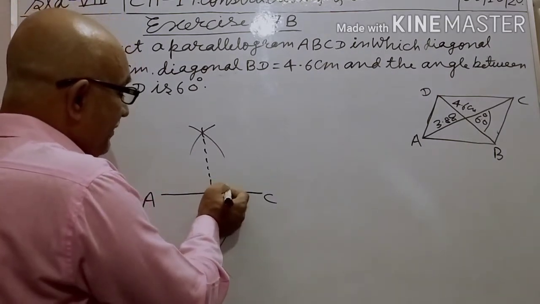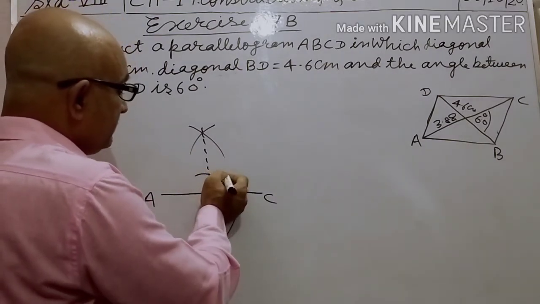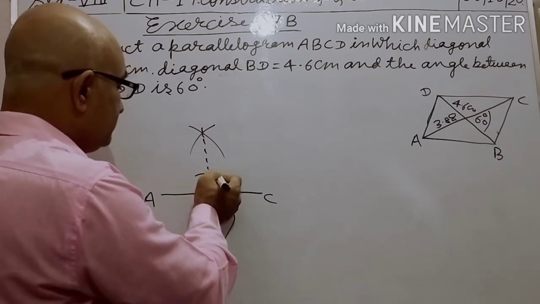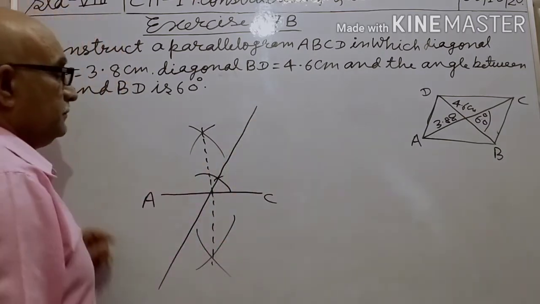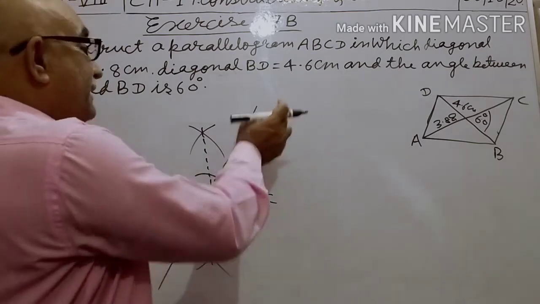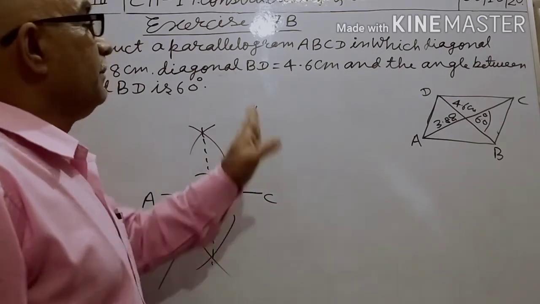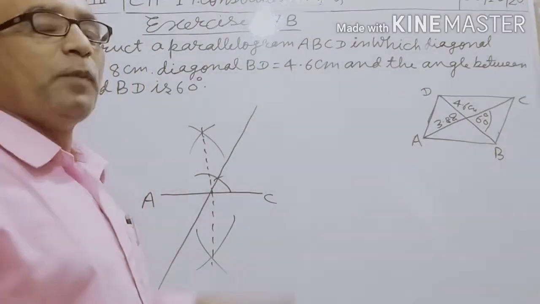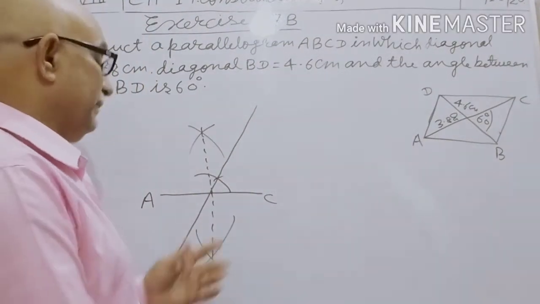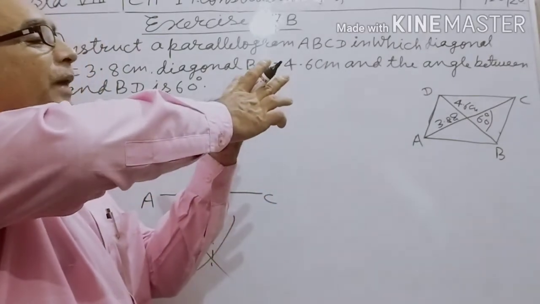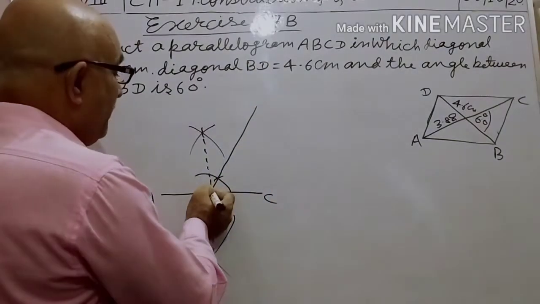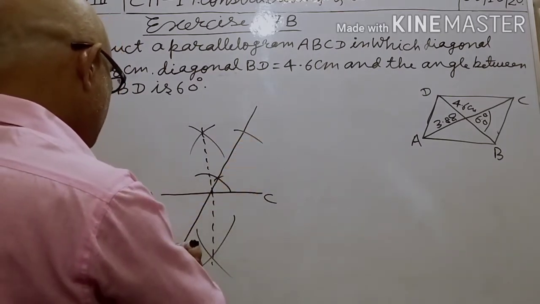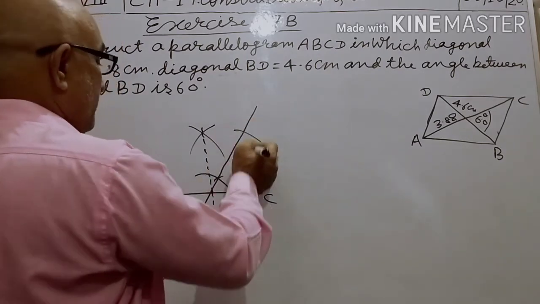So form here an angle of 60 degree. Diagonals bisect each other. So next diagonal BD is 4.6 cm and half of 4.6 is 2.3. So take an arc of 2.3 cm and cut from here on this side and below also.